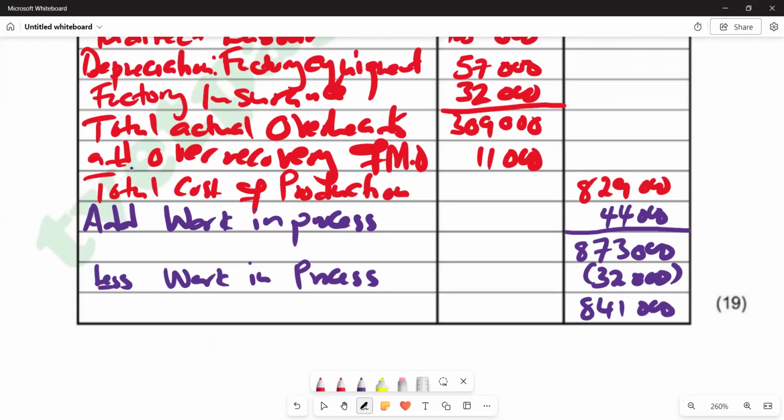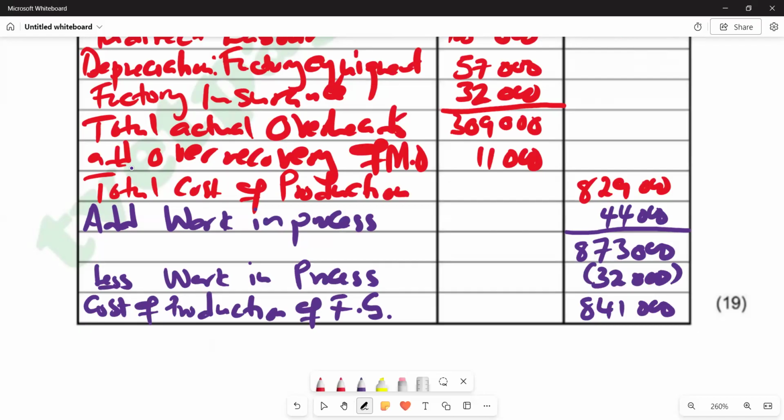And this figure is now the cost of production of finished goods. So this is what we have according to the calculation of the cost of production of finished goods. That's where our production cost statement ends.